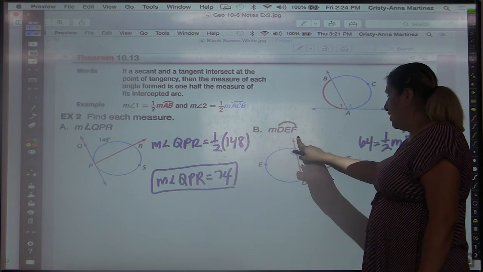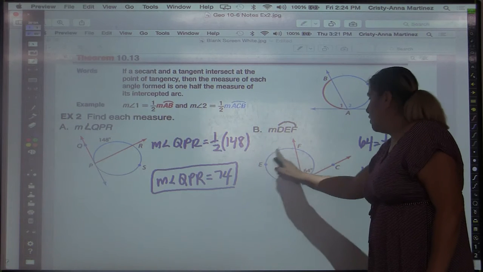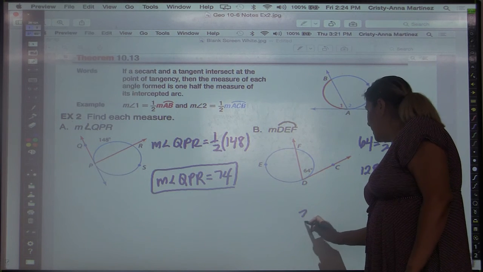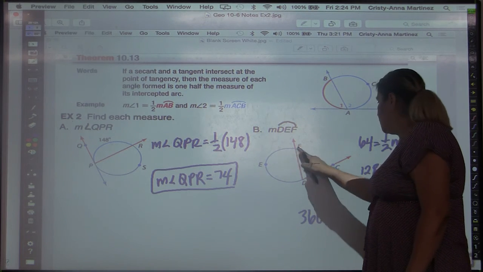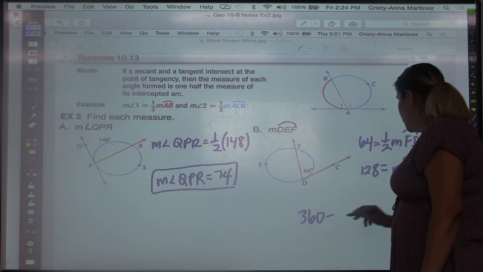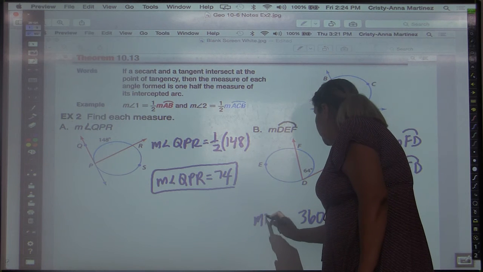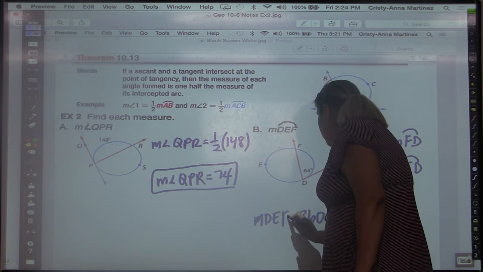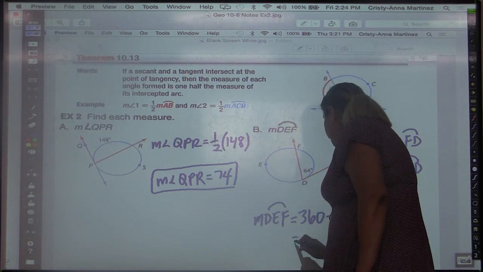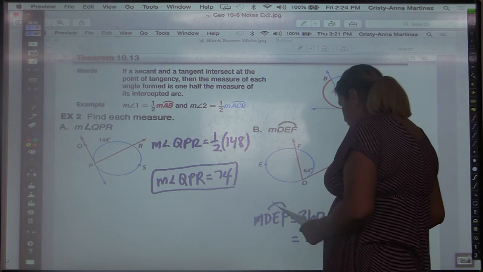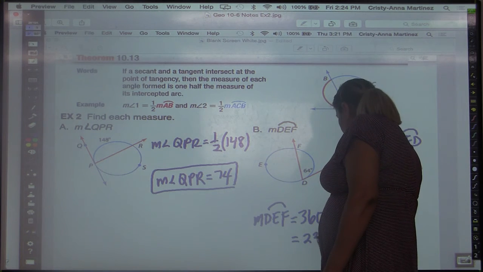But what I'm actually looking for is DEF. But since the whole thing is 360, we're going to take 360 and subtract the FD, which we know is 128. And that'll give us the measurement of arc DEF. And 360 minus 128 is 232.